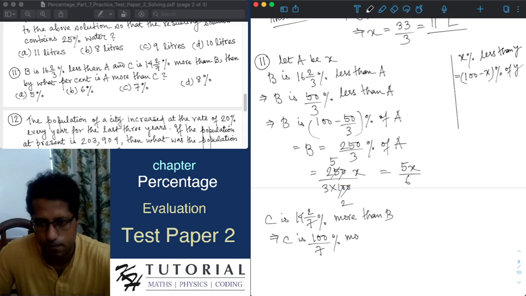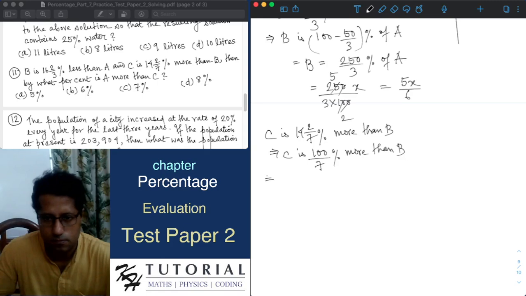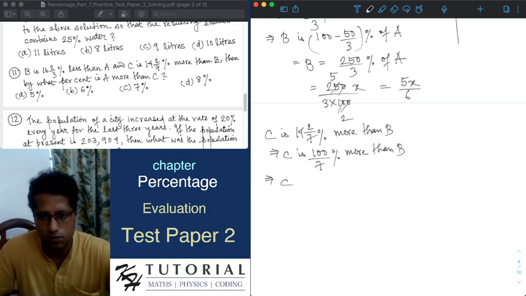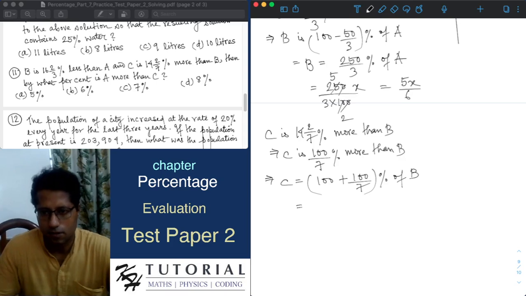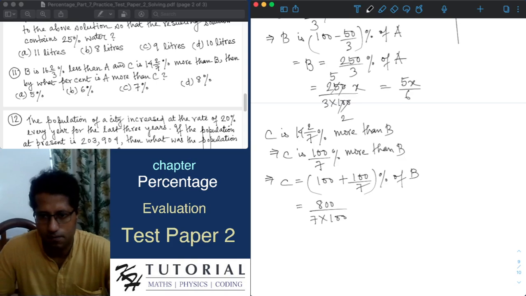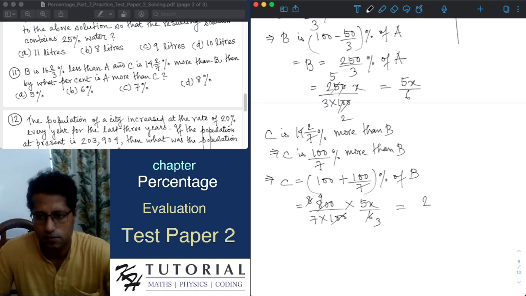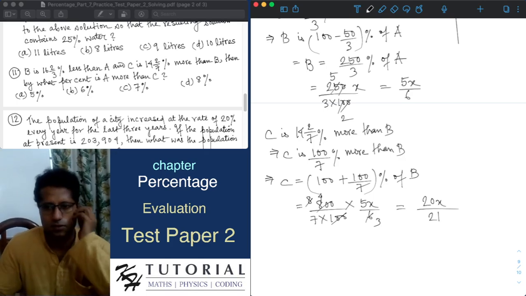If C is 100 by 7% more than B, then C equals 100 plus 100 by 7% of B. Now 100 plus 100 by 7 is 800 by 7, divided by 100, multiplied by B, and B is 5x by 6. This is 20x by 21. C is 20x by 21.